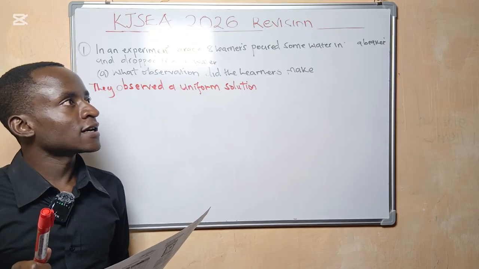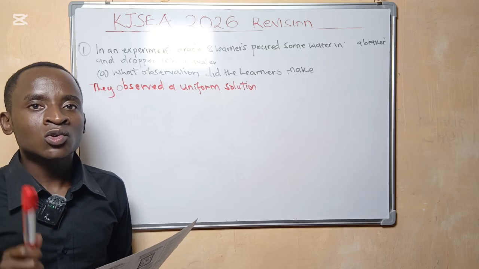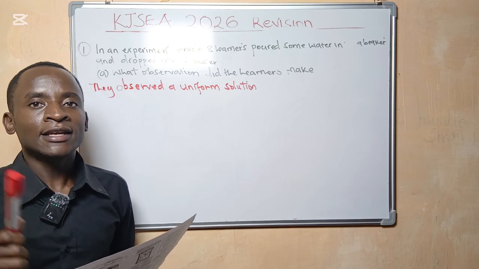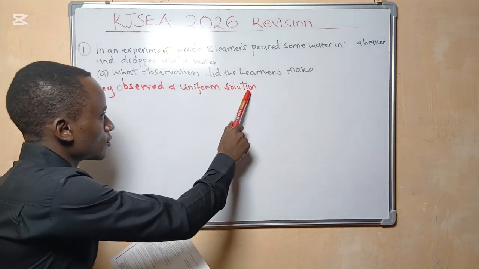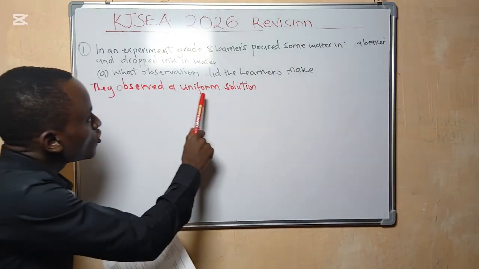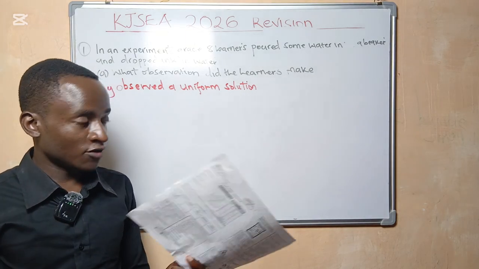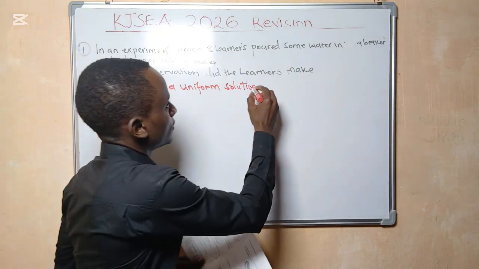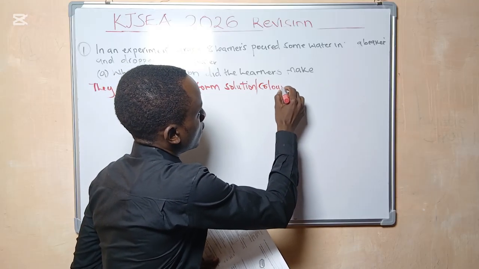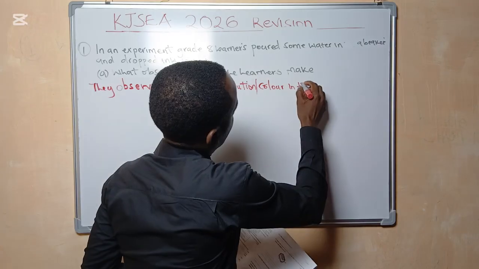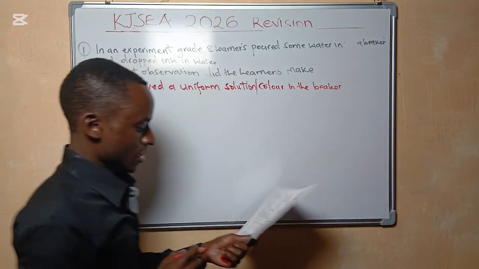So for this case, after the learners had poured water in a beaker, then after a short while they added an ink, these learners were able to see a uniform solution, or they observed a uniform color in the beaker.